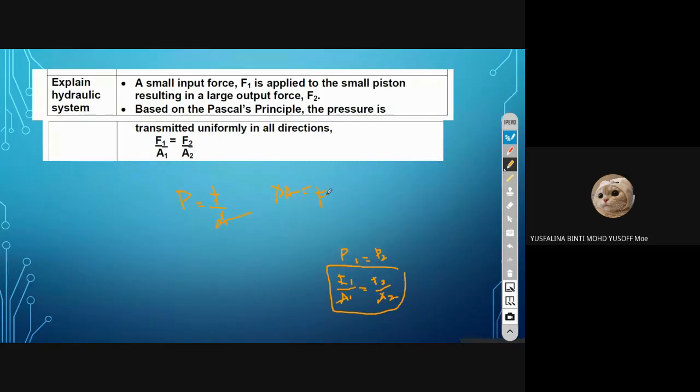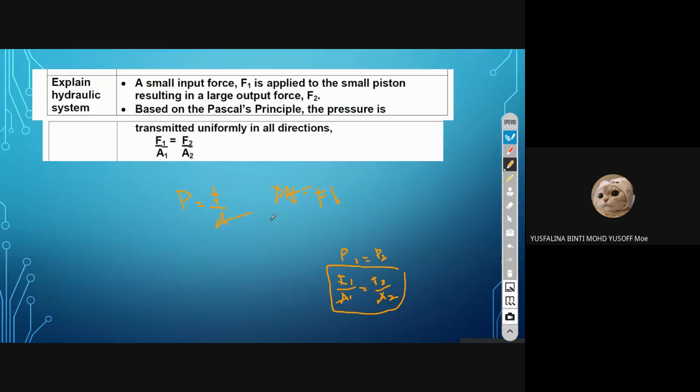If you push the brake of the car, you can see the area is small. Why is the area small for the brake? So you only need a small input force. You don't need to push the brake so hard, so the input force is lower.